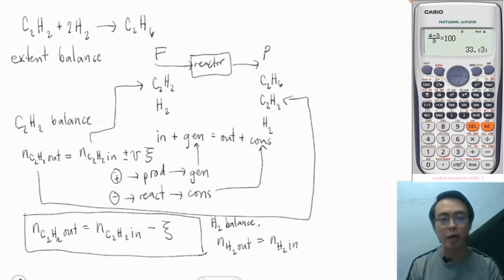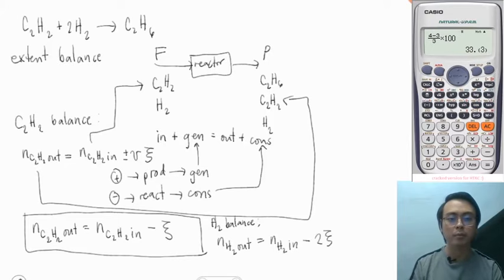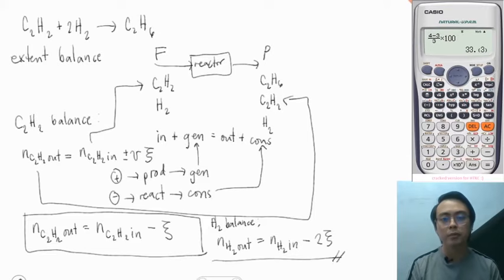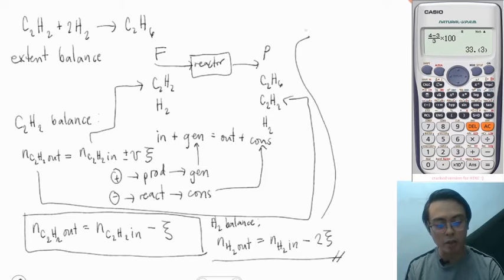Hydrogen is a reactant, therefore it's still minus. And then we take a look at the coefficient of hydrogen in the balance equation. That's 2. You multiply that by the extent. So this is minus 2 times extent. This is our hydrogen balance. Last one. I'll go over here. Let's perform the C2H6 balance.